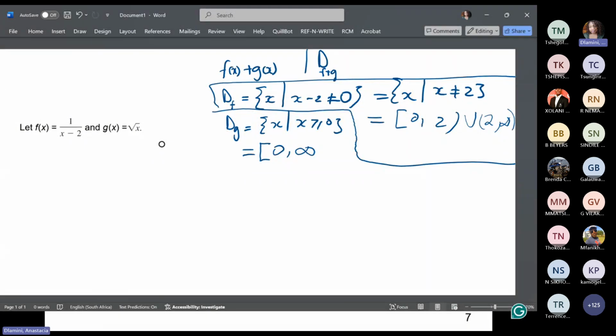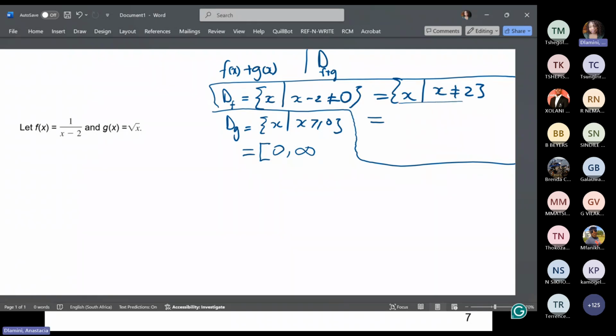The first one is for f of x, then union, and the second one is for g of x. I don't want us to combine them yet. I just want f of x in the interval notation.